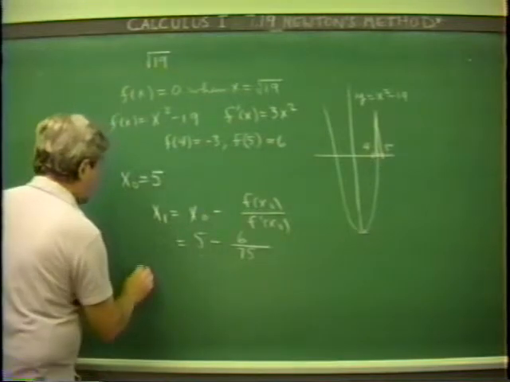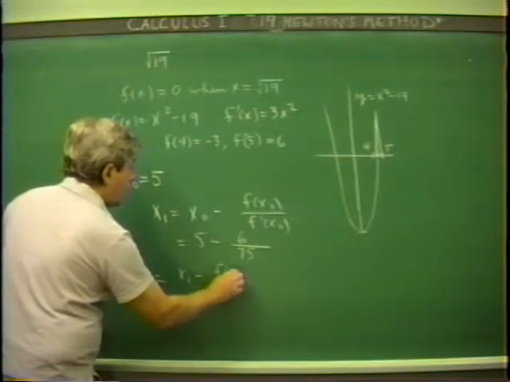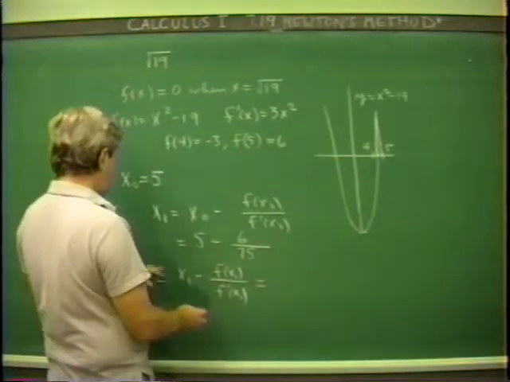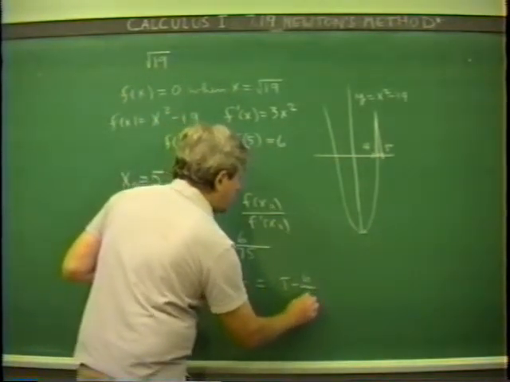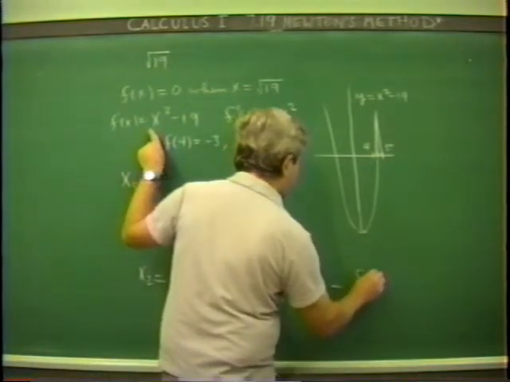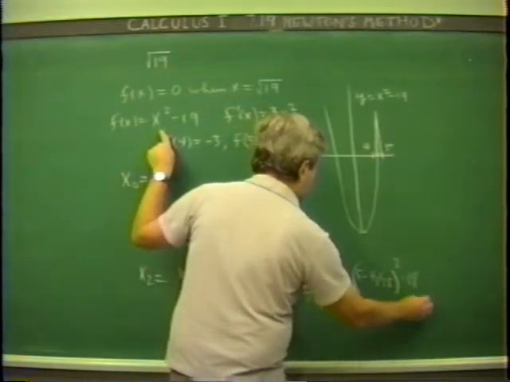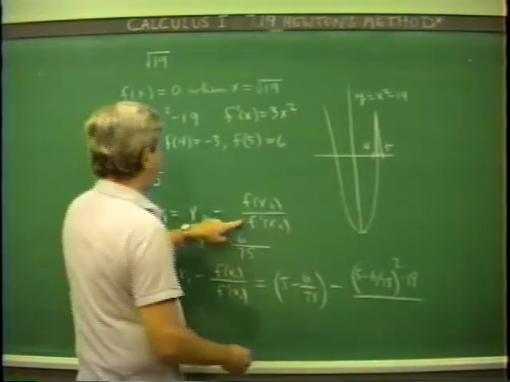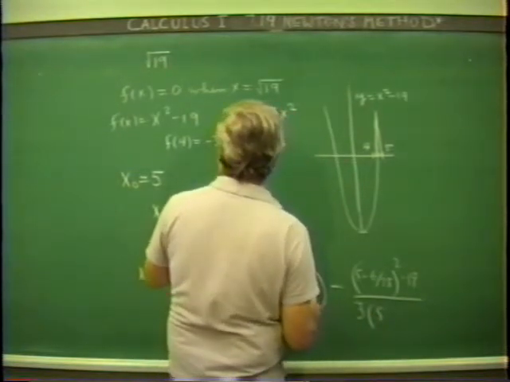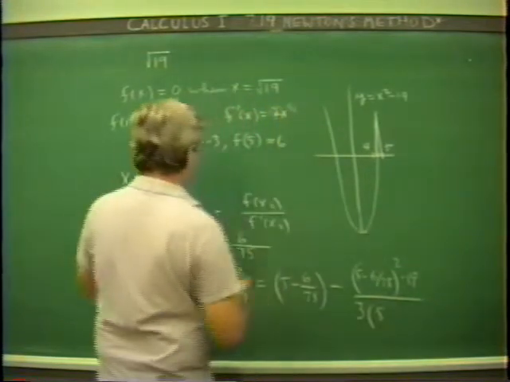So 5 minus 6/75 is the next approximation on the tangent line. A second one, x2: we take x1 minus f of x1 over f prime at x1.